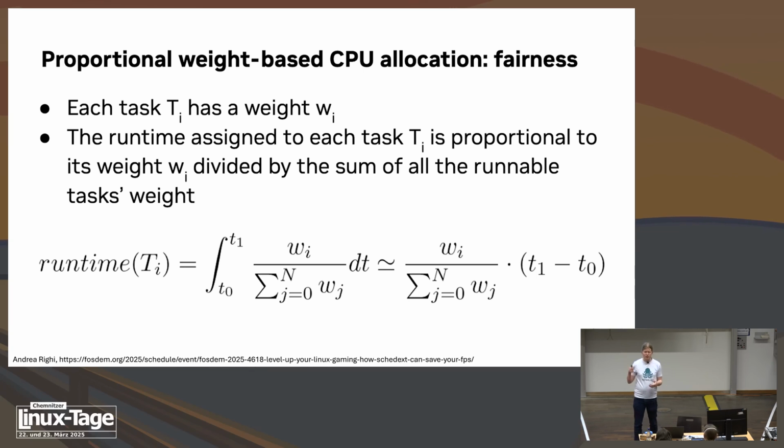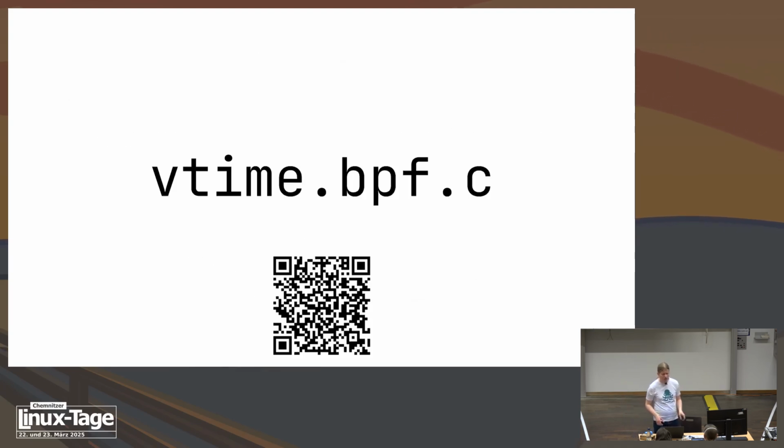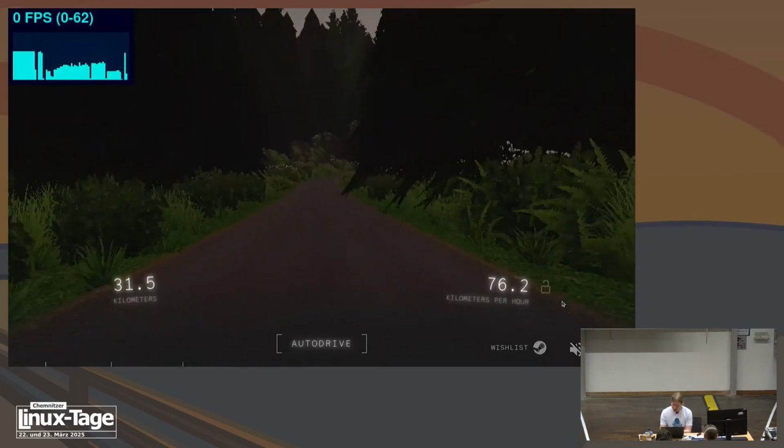Of course, as you see here, we scale it by weight, especially because we want to have different priorities. And yeah, we implemented this by virtual runtime, which is a scaled runtime version. Now we can try it. We'll see.